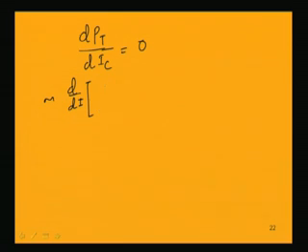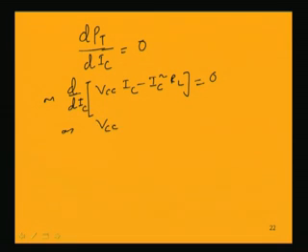So, differentiate the power with respect to collector current, make it 0. That means, we differentiate this expression VCC IC minus IC square RL, and make it equal to 0. When we differentiate it with respect to IC, it will be VCC minus twice IC into RL, equal to 0.